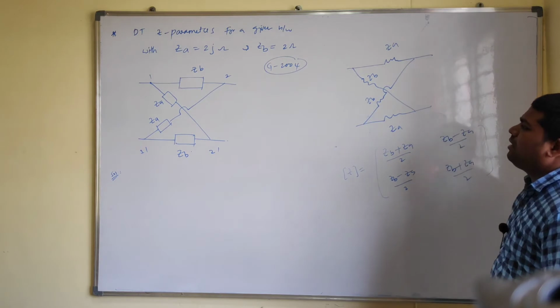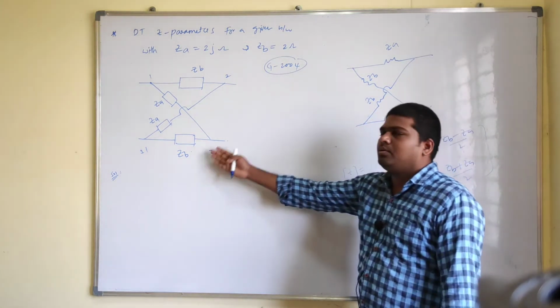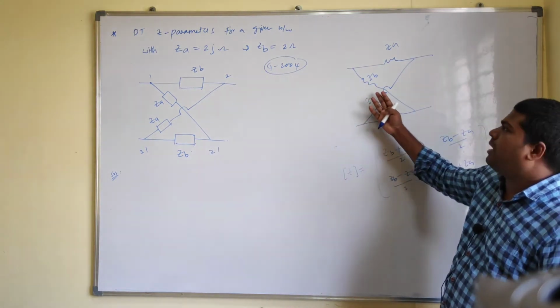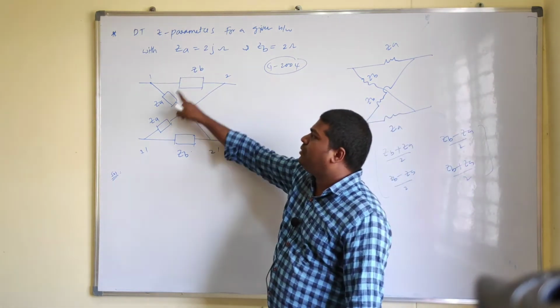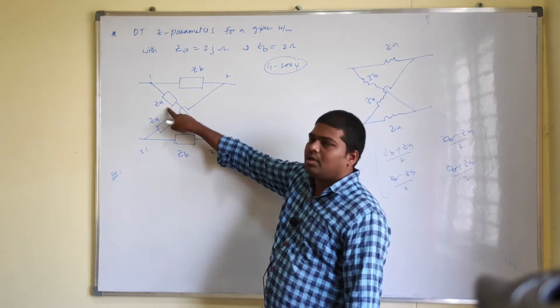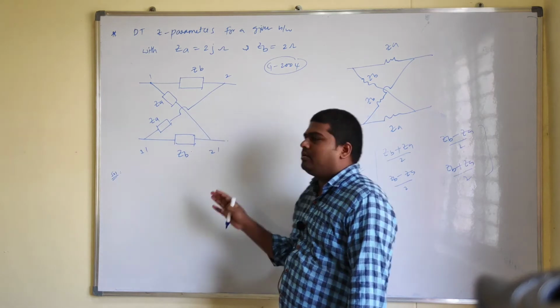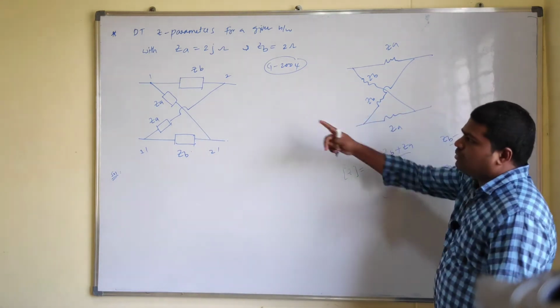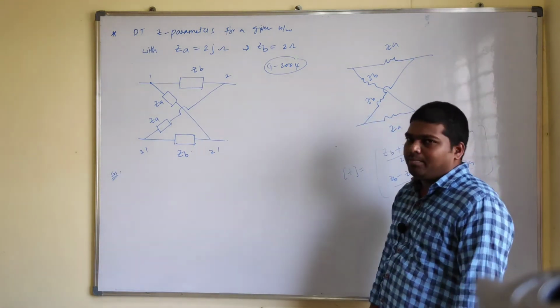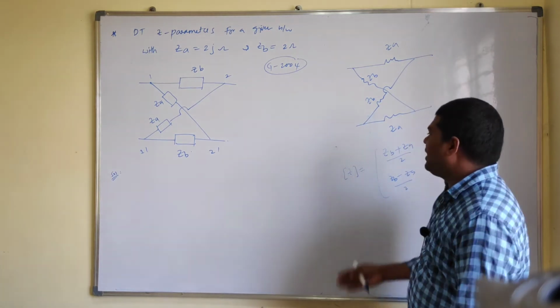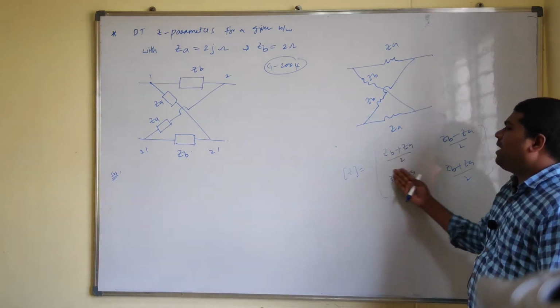But when you compare this network to that network, these two elemental values are replaced. So those elemental values can be replaced there, just interchanging the parameter values.